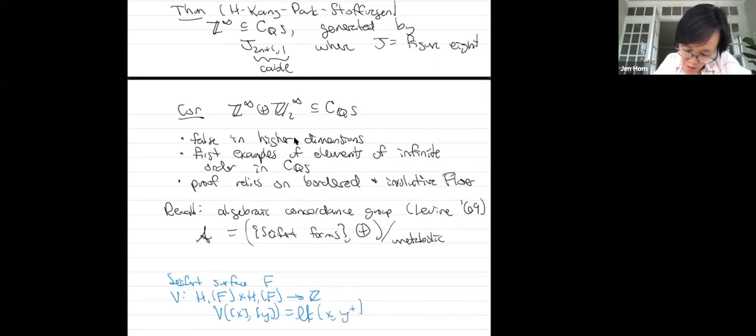And what does it mean for a form to be metabolic? Well, it means that it vanishes on a half-dimensional subspace.